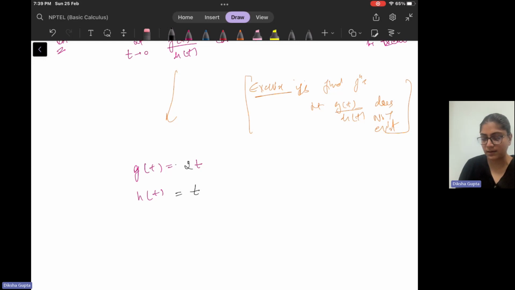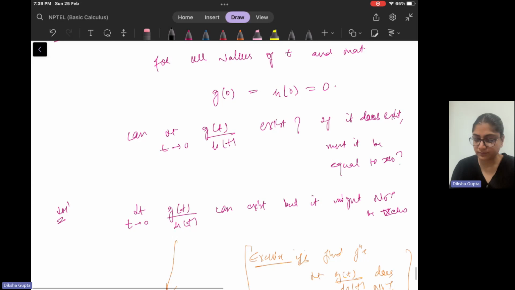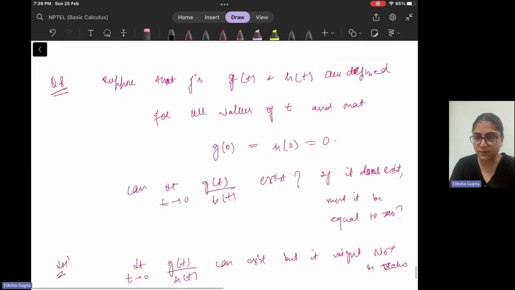Both exist, both have value 0, and g(t) by h(t) is 2, and the limit as t tends to 0 is also 2, which is not equal to 0, right? So just try to find functions where the limit does not exist.